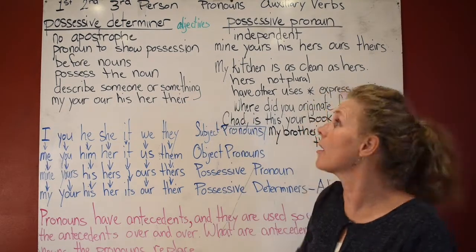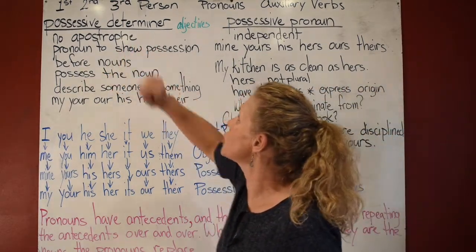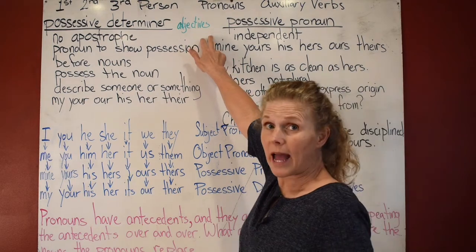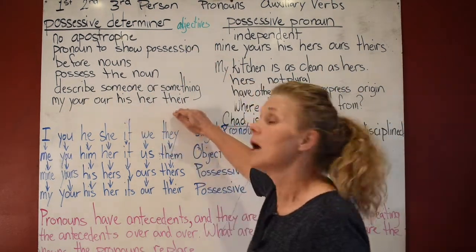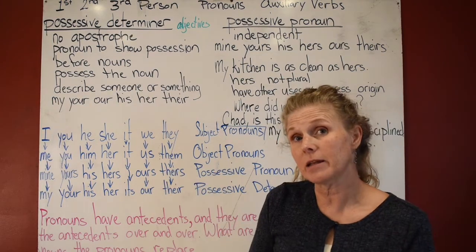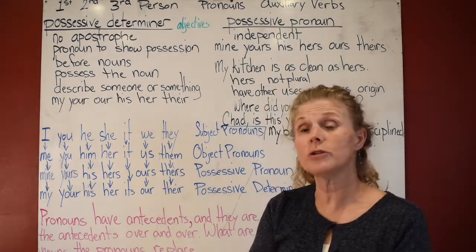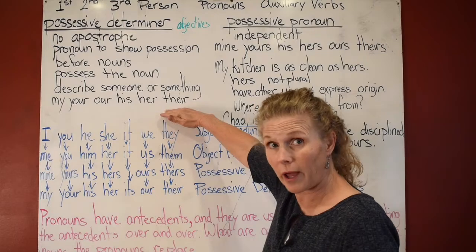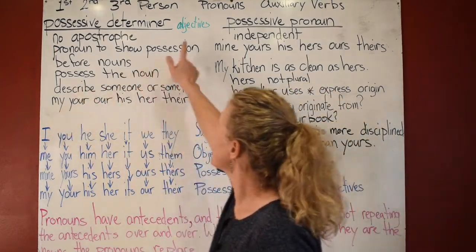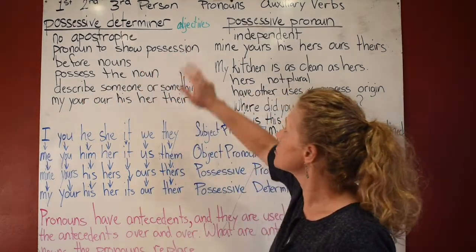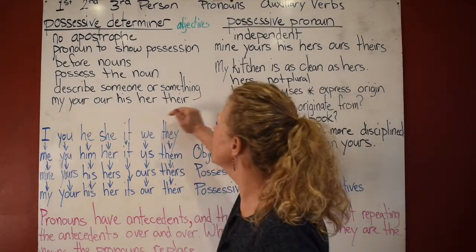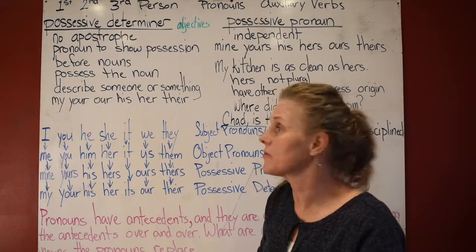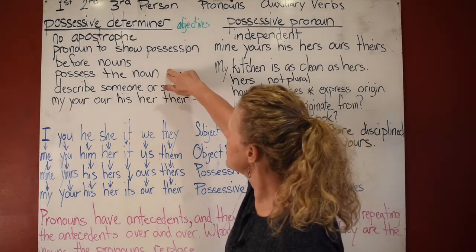Now, these are your possessive determiners, which are adjectives. And some people say that these are not pronouns, but they fit in the pronoun family and you need to know the relationship to them. Okay? So these are your possessive determiners, which are adjectives. They are pronouns that sit in the pronoun family. They do something different. They possess your nouns.